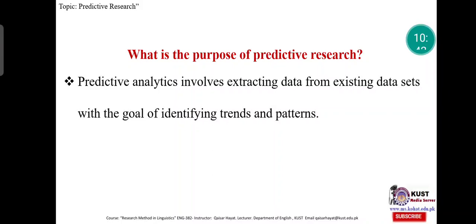Research is only systematic. If you are doing it correctly as per the system, if you are adopting all the steps, going forward step by step, and observing the rules specified for research, there is nothing difficult. Now, as well as this, there is the type of research which is called predictive.